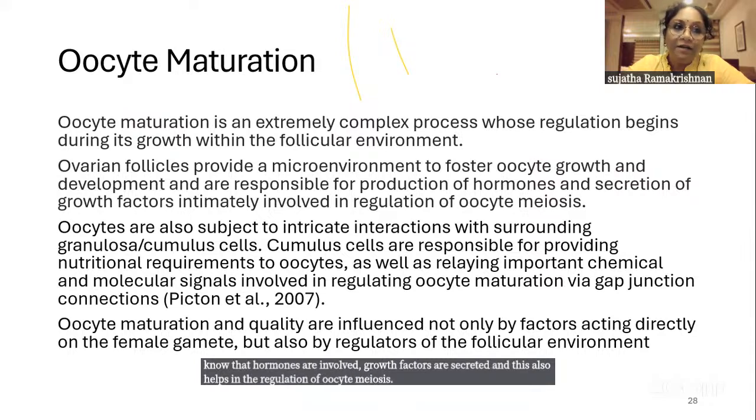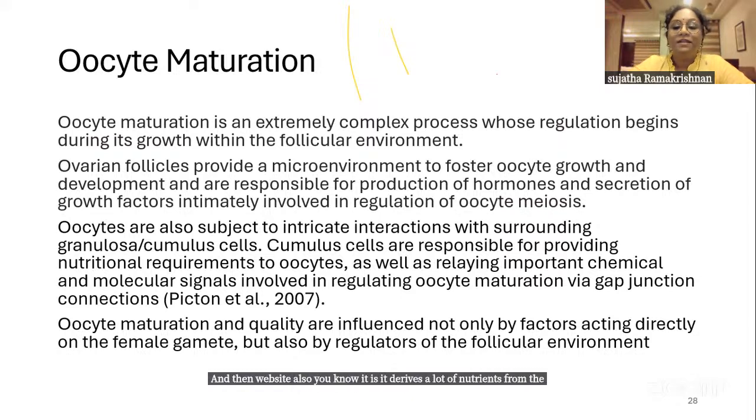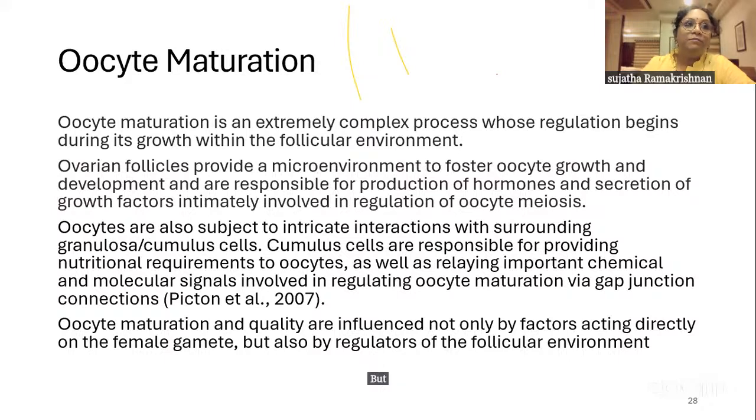The oocyte also derives a lot of nutrients from the granulosa cells and the cumulus cells, and there are a lot of molecular signals. So oocyte maturation is not only about the factors directly acting on the female gamete, but it is also influenced by the regulators of the follicular environment.